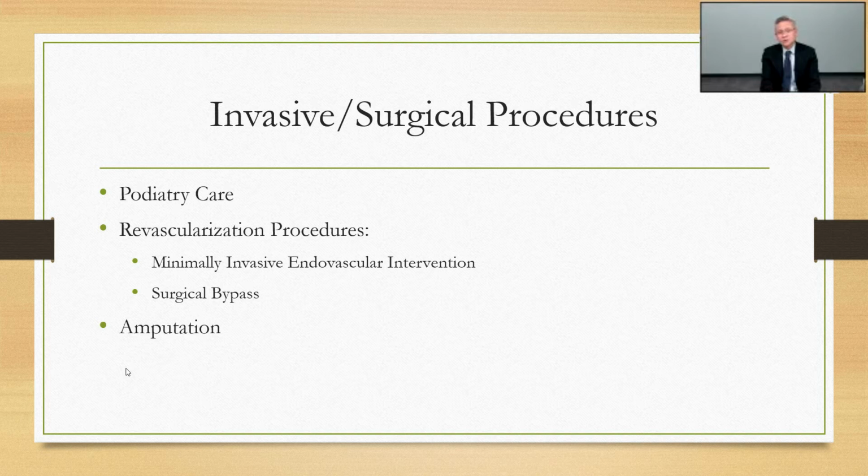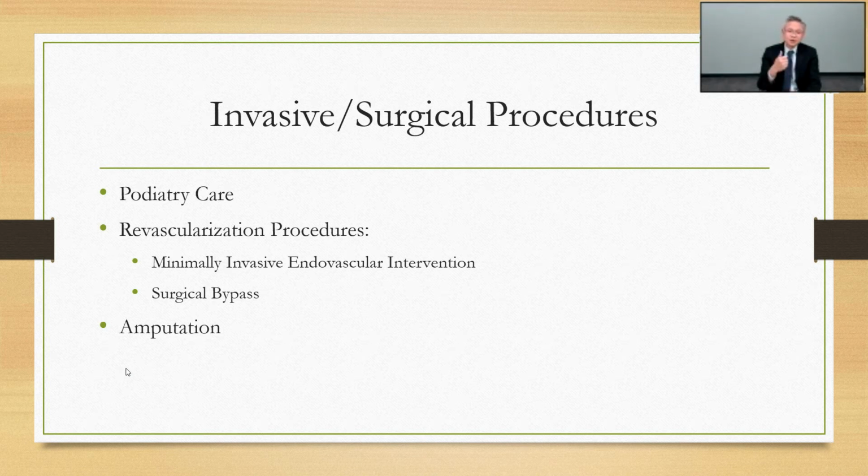Now, when people get to the critical limb ischemia stage, the risk of amputation is so high that people should really have a vascular evaluation. So you need to have an evaluation of the blood vessel so you understand exactly where the obstruction is. And we can do this with multiple modalities.